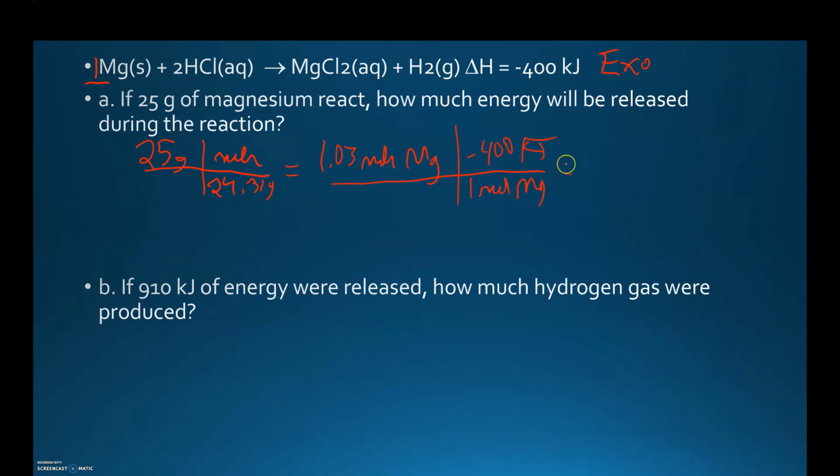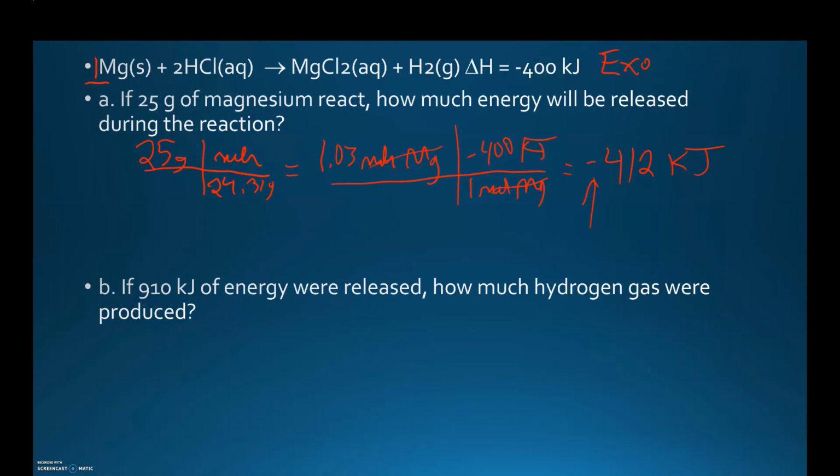Take the moles of magnesium, they cancel out, and we multiply by the negative 400, and we end up with negative 412 kilojoules of energy. Since this is an exothermic process, it's going to release 412 kilojoules of energy based on the amount of magnesium that was present.